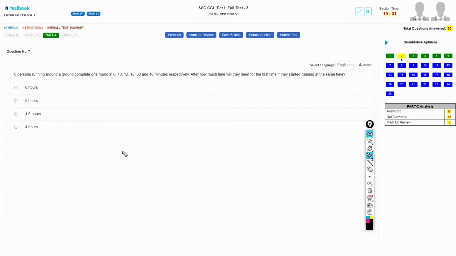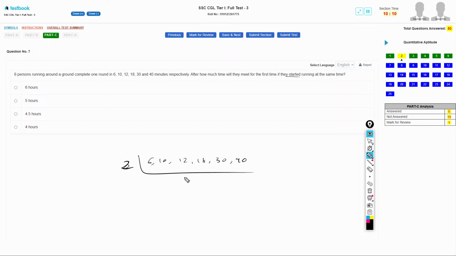6 persons running around ground completes, okay, means exactly how many meet after they start. Okay, so the LCM I have to take. 6, 10, 12, 18, 30, 40. Right. So if I take 3 out of them, or rather first take 2 out. So 3, 5, 6, 9, 15, 20.